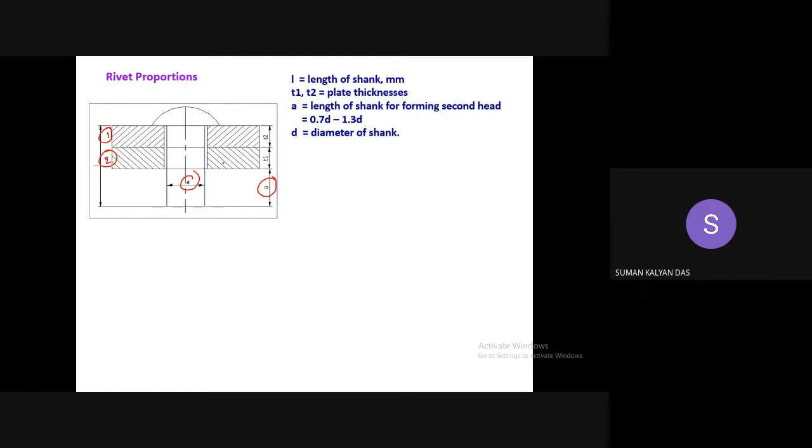And if it is very low, then the head may not totally form here. So it has some optimal length, and that optimal length is 0.7 times D, where D is the diameter of the shank of the rivet, minus 1.3 into T. So this is the optimal value of A.